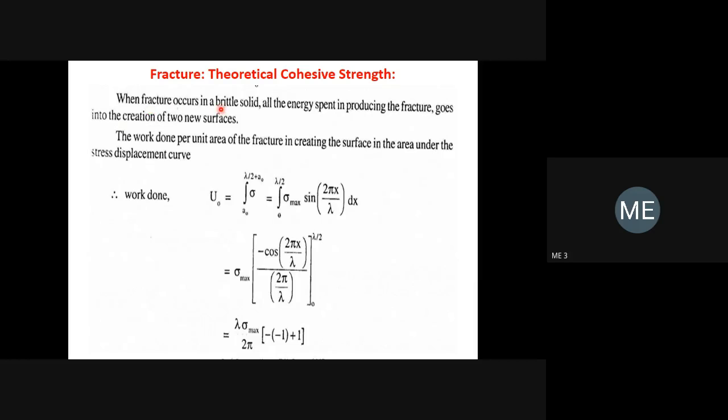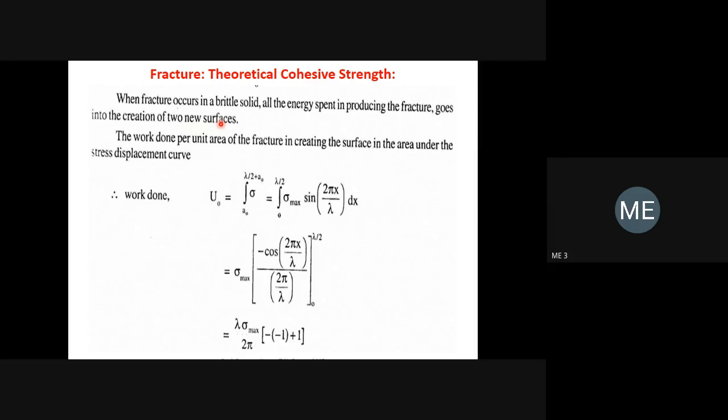When fracture occurs in a brittle solid, you are talking about brittle material. For ductile material, more complex phenomena are involved. There may be twinning, there may be slipping, there may be other hardening processes. Then it will be more complex for the ductile material. The fracture mechanics of brittle material is very simple. All the energy spent in producing the fracture goes into creation of two new surfaces.